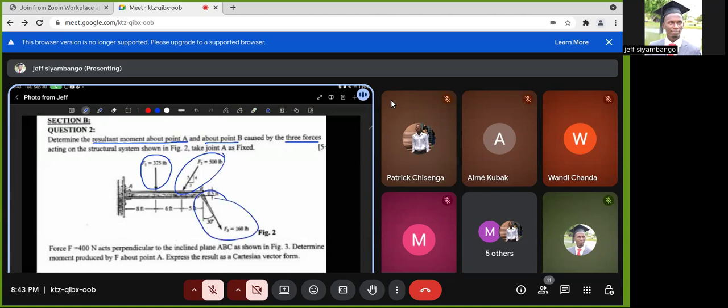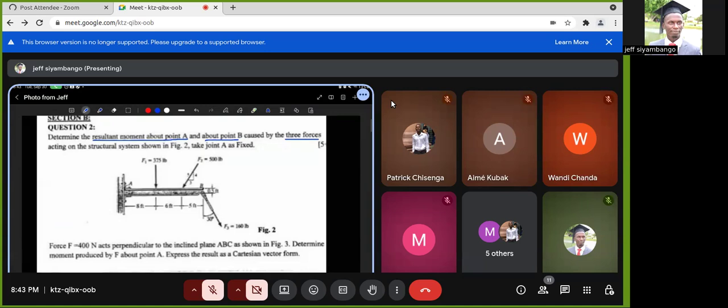So we're not going for equilibrium to say that sum of forces is equal to 0. No. The question is asking us to just get the resultant moment, but they're not saying the resultant moment is equal to 0. So how do we do it? This is 2 dimensions. So getting the resultant moment, we'll just use clockwise to be negative, anti-clockwise to be positive.